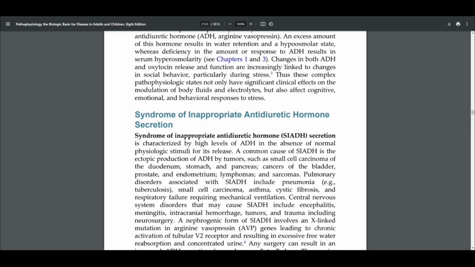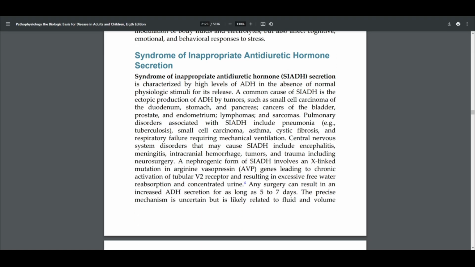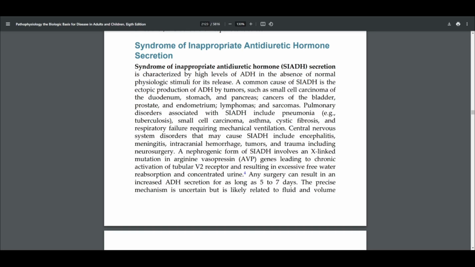Syndrome of inappropriate antidiuretic hormone secretion, or SIADH, is characterized by high levels of ADH and the absence of normal physiologic stimuli for its release.